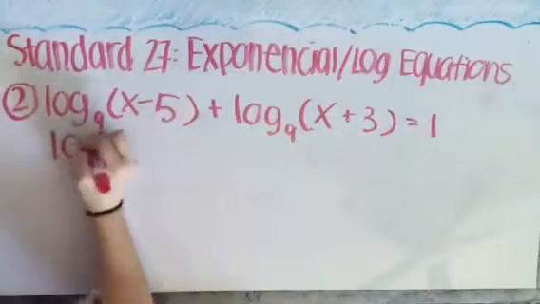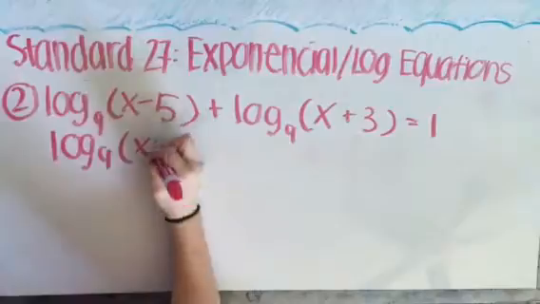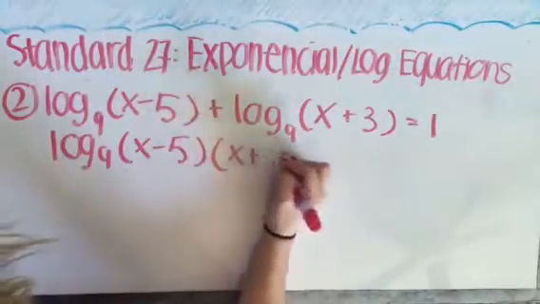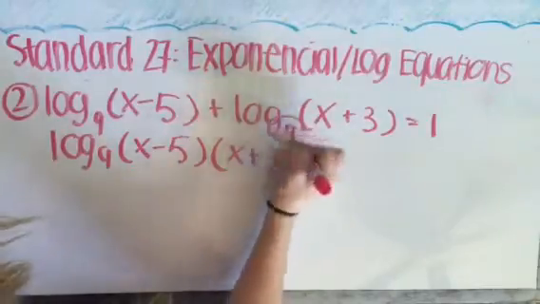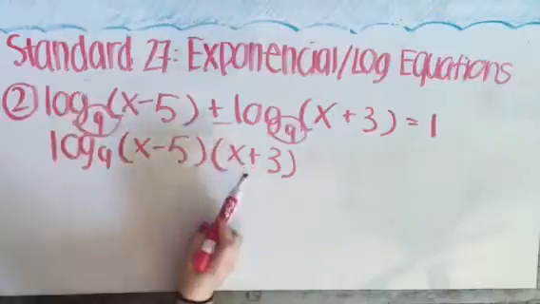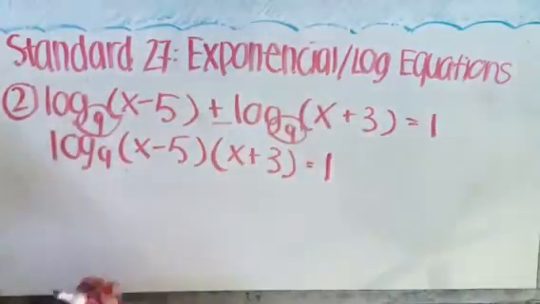So then you have log of 9, x minus 5, times x plus 3, because you have the same base in your log, and since you're adding, these two are multiplied, and equals 1.